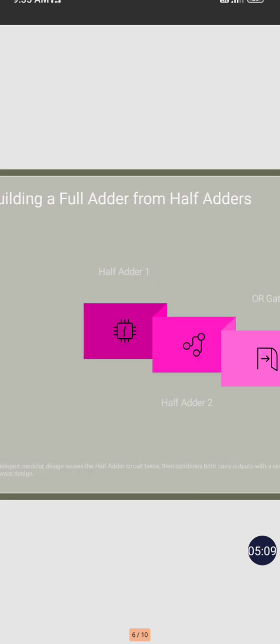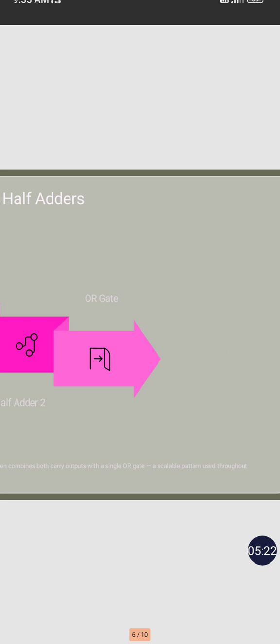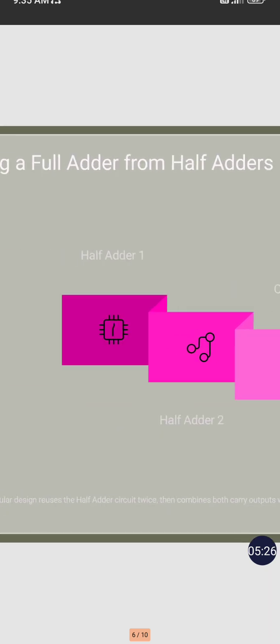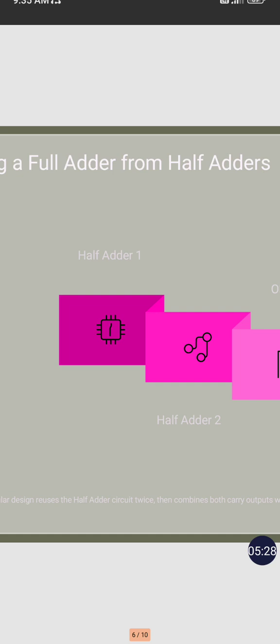Next is building a full adder from half adders. The full adder can be constructed using two half adders and one OR gate. The first half adder takes A and B, and the second half adder takes the previous sum with C in.